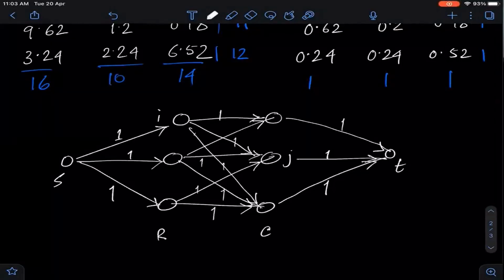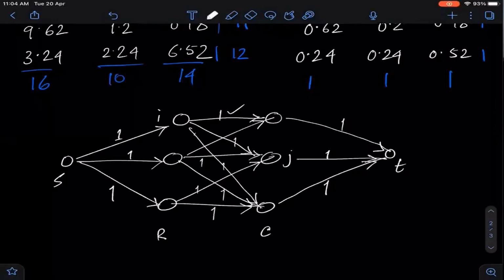You should keep the capacities to be 1, which essentially represents the fact that the entry ij should not exceed 1. That is, the entry corresponding to ij after you have performed the rounding should not exceed 1. That is something we have to enforce, so these capacities essentially enforce this.